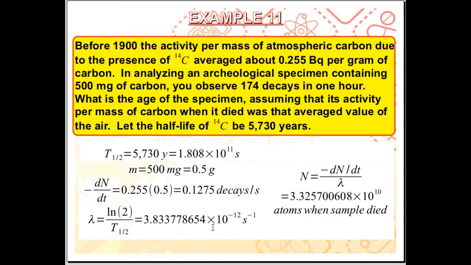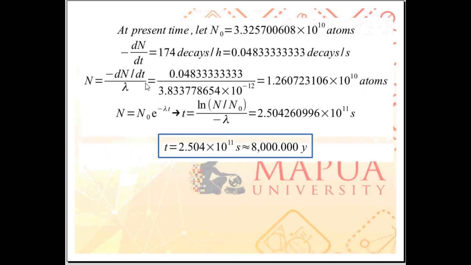If you recall, that's what we calculated for the decay constant for carbon-14. Knowing the decay rate and the decay constant, we are able to calculate the current number of atoms, 1.260723106 times 10 to the 10 power atoms.